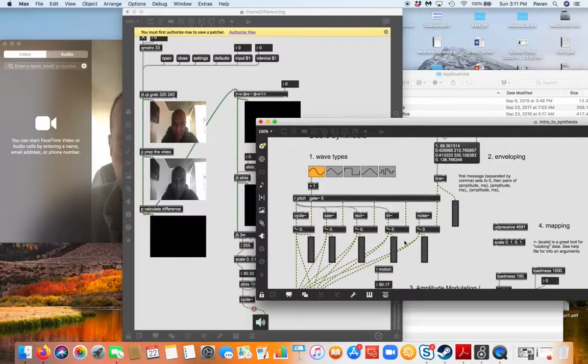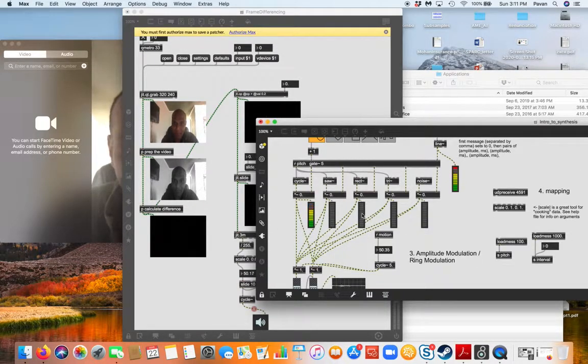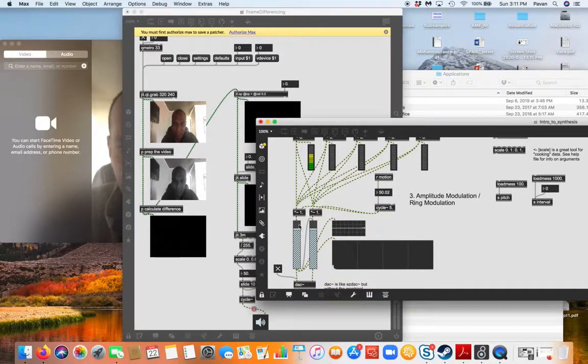And when I plug and play this, so I turn this metro on. So now when I move, this is doing that enveloping, right?